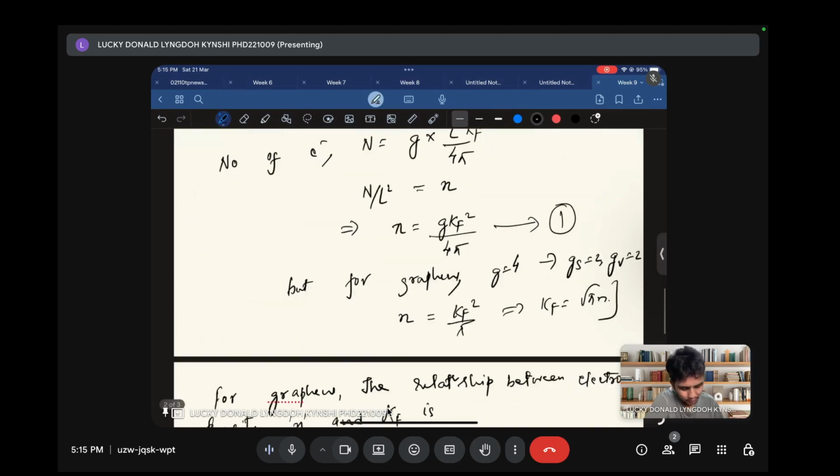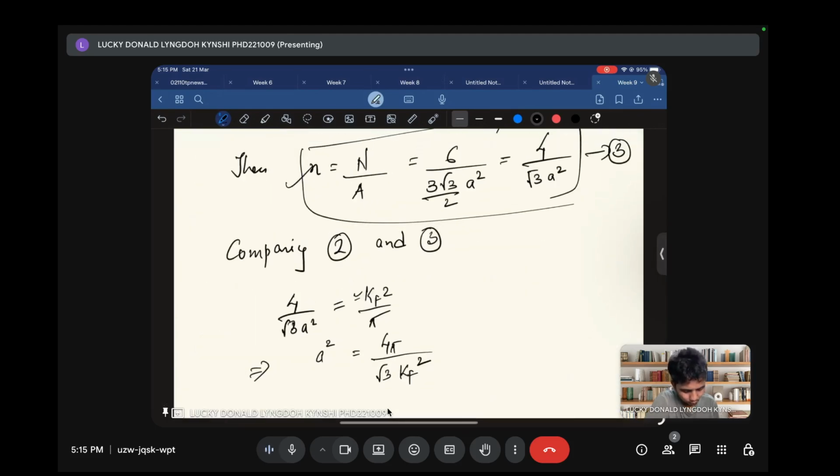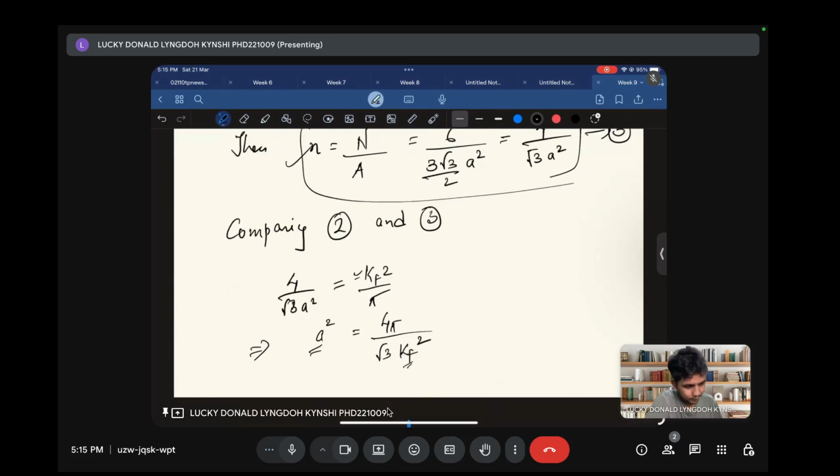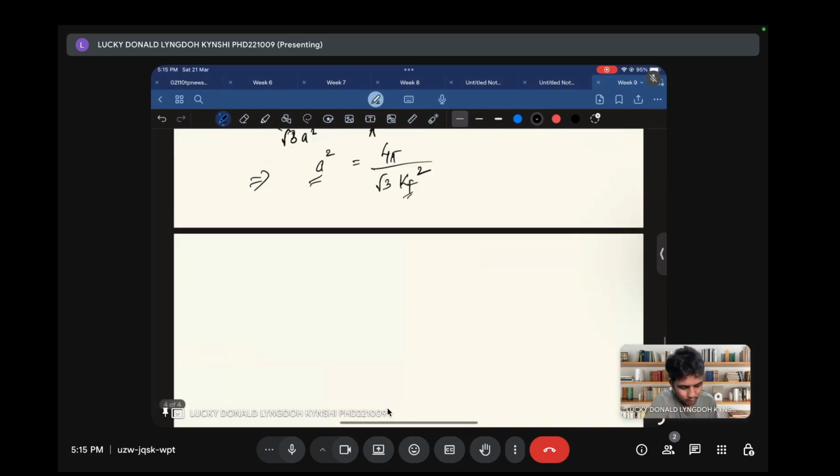Here if you look at it, you know kf also, isn't it? Because kf is equal to 3, right? So therefore a is equal to root over of 4 pi divided by root over of 3 kf square, which is equal to 2 by kf times root over of 4 pi by root over of 3.